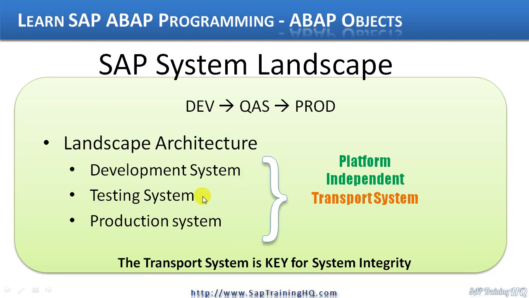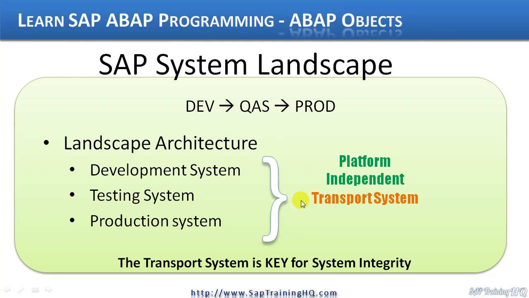In our testing system, hopefully we've got some business users, maybe a testing team that can carry out tests on our programs before, once everything has been signed off and approved, it then gets moved on to the production system. Once it's in production, then it's live. People within our organization will be able to run our program, and fingers crossed there won't be any bugs.